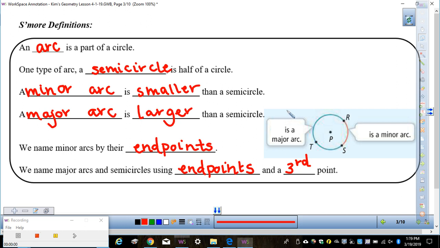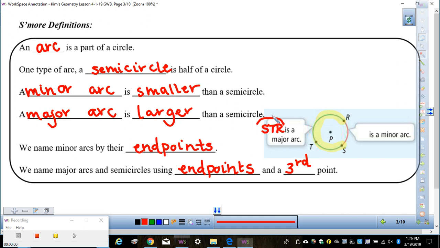So to give you an example here, if I wanted to name, let me get the highlighter here, this major arc starting at S and coming all the way around, we are going to call that arc STR. And the way that we show it's an arc, we draw an arc right above it.